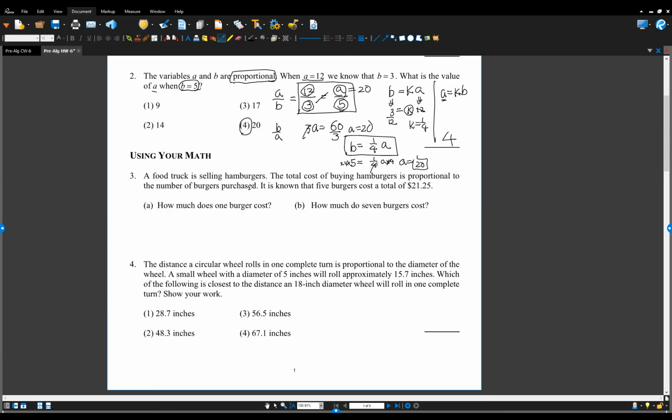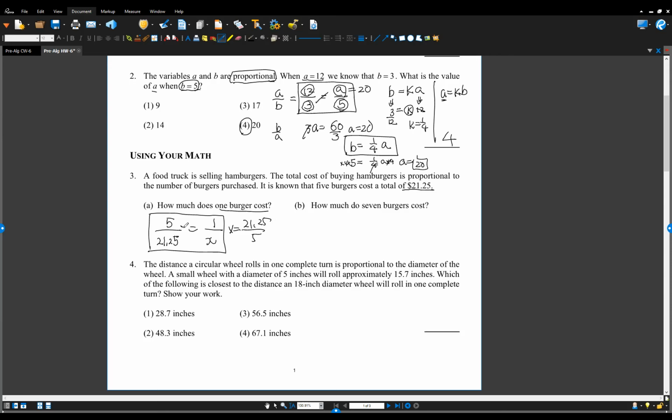It is known that 5 burgers cost $21.25. 1 burger is 1 over x. You can use this proportion, it doesn't matter. Or simply divide 21.25 by 5. This is the price for 1 burger, which is x.